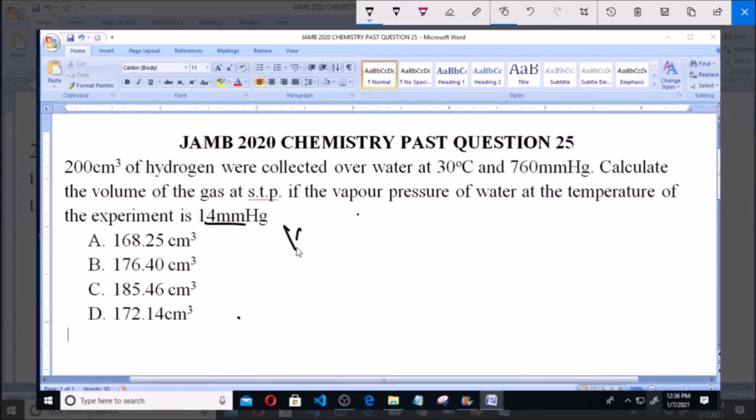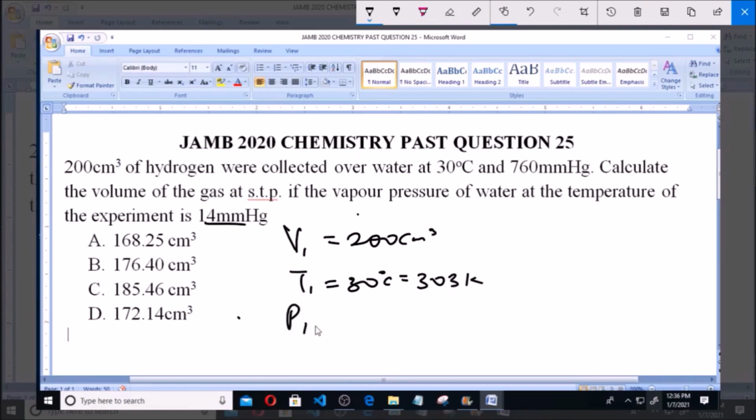Now from this we can see V1 is given as 200 centimeter cube, then T1 is equals to 30 degrees Celsius, which is equals to 303 Kelvin.